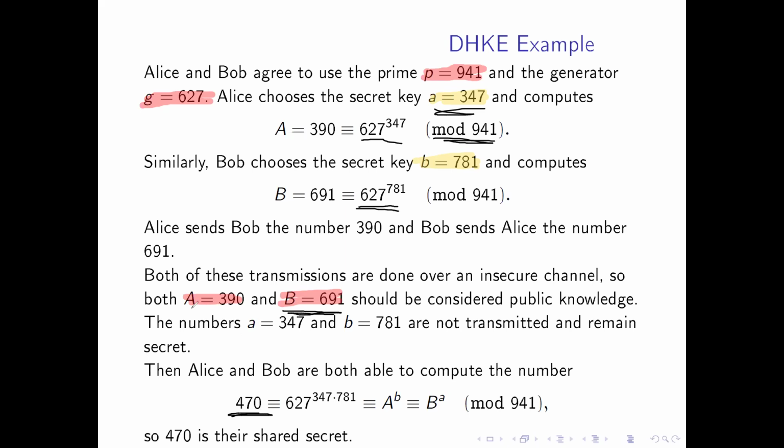And if I'm Bob, I'm going to take the 390 that Alice sent me and raise it to my secret key of 781. Both situations give me 470. So that is my shared secret that I can then work on and utilize. We are going to leverage this to do our encryption. So now we can share our key in public and no one else can know what it is.